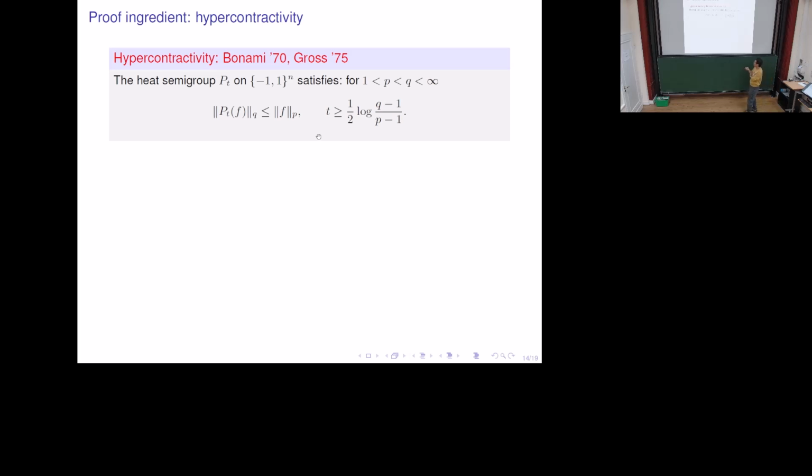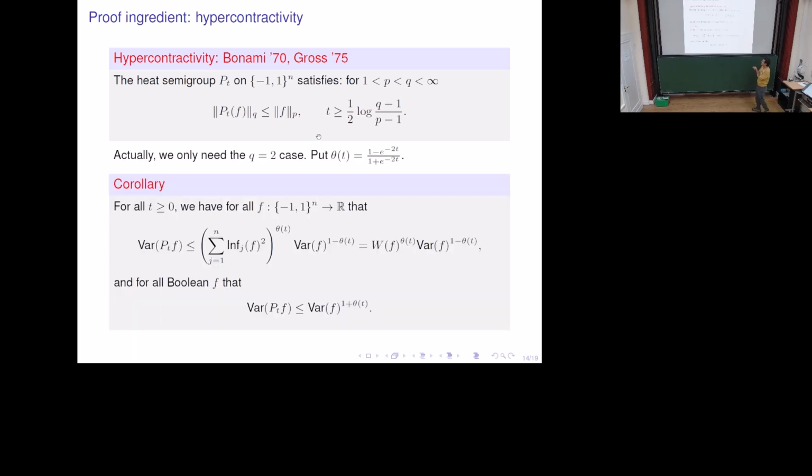But in the following, we actually only need the case when q is equal to 2, which is very often the case in the application to Boolean functions. So, as a consequence of this hypercontractivity, we have the following two estimates, which are standard. The first one says that for any t, and for any function, not necessarily Boolean, the variance of P_t f has this upper bound.